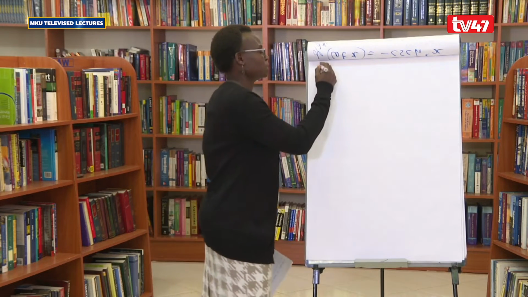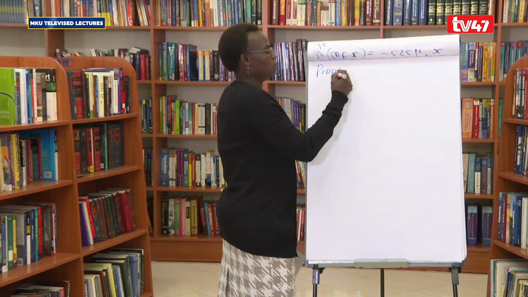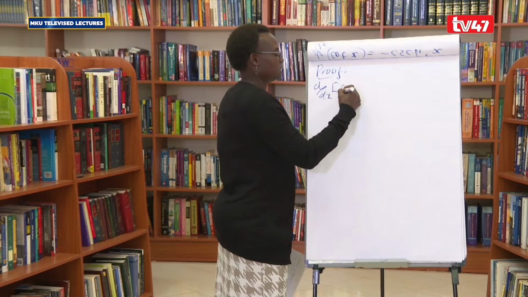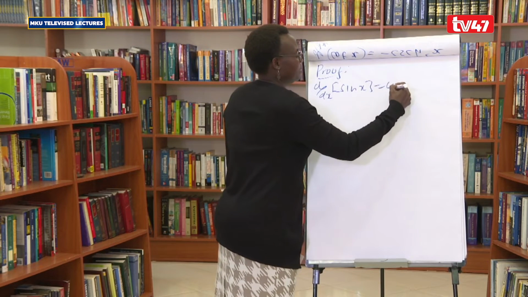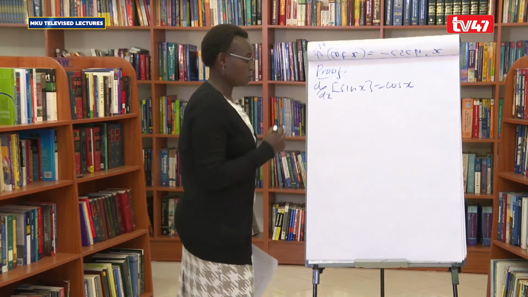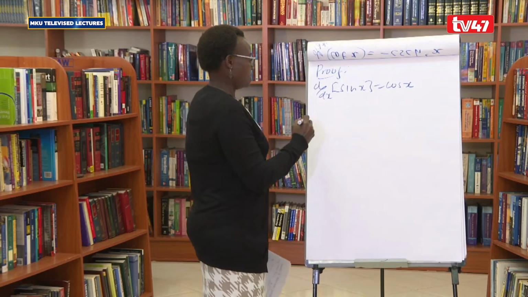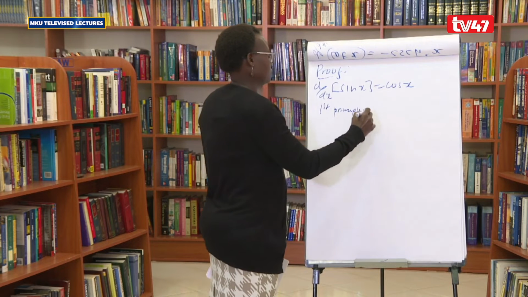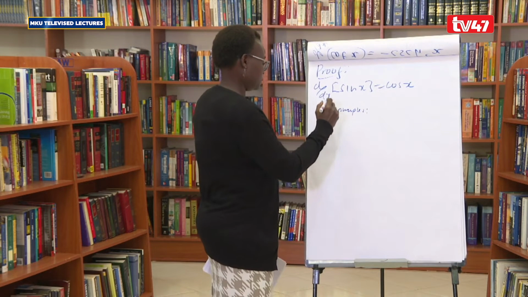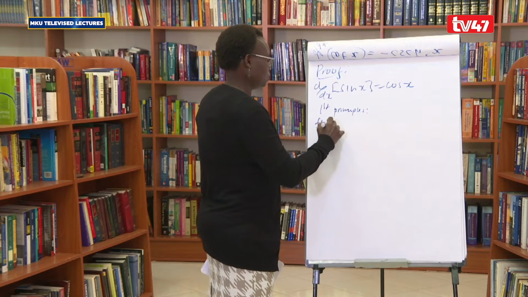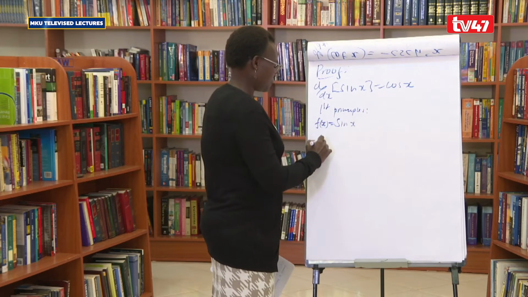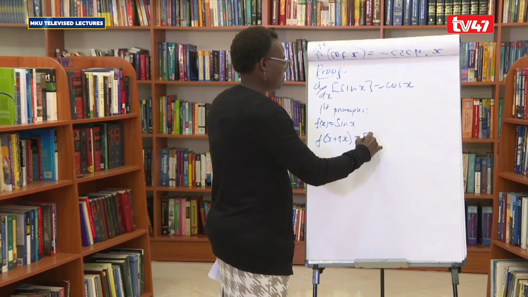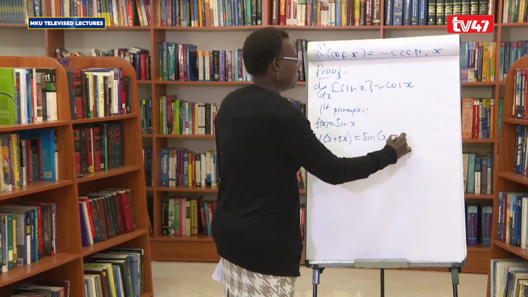Both are ways through which we can work; what is important is to know how to use them. So we can prove a few of them. We can prove that the derivative of sine x is cos x. We use first principles, and f of x is going to be sine x. f of x plus change in x is going to be sine of x plus change in x.